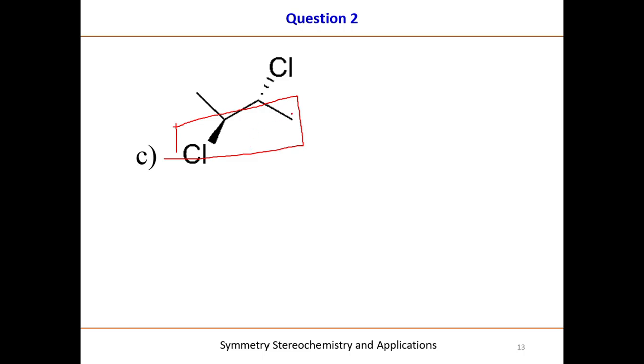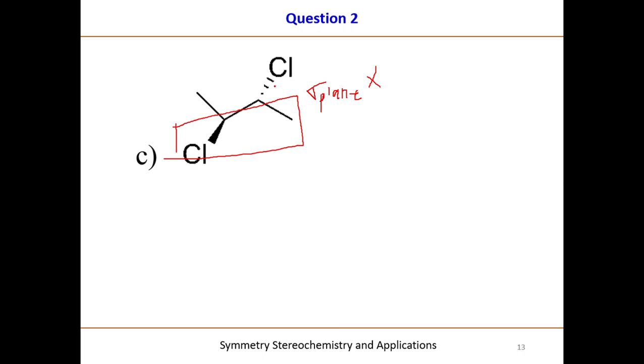That means this plane is also absent. So the plane of symmetry is absent in this case because we are not getting indistinguishable mirror images after passing the plane. That means the sigma plane is not present in this molecule.